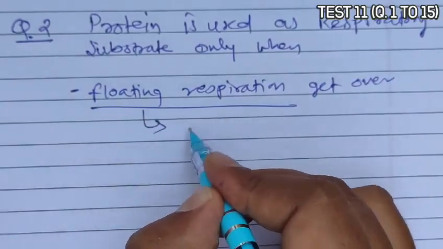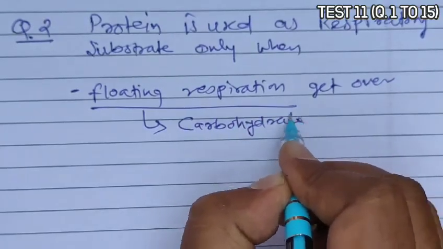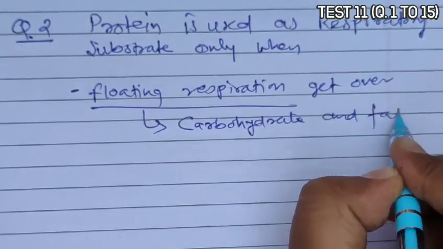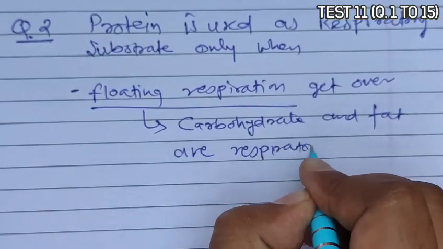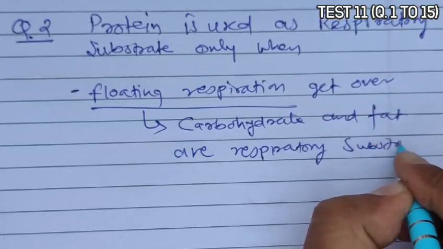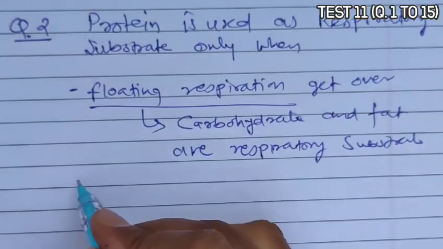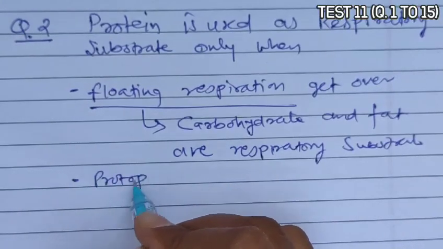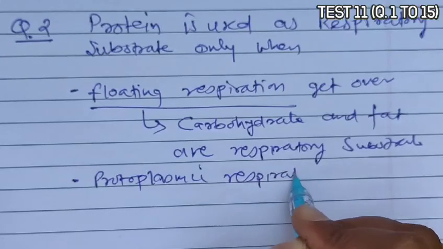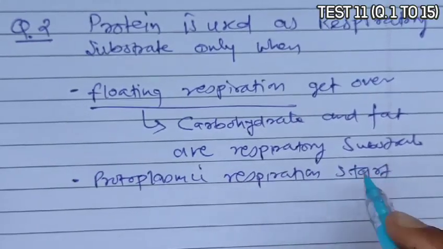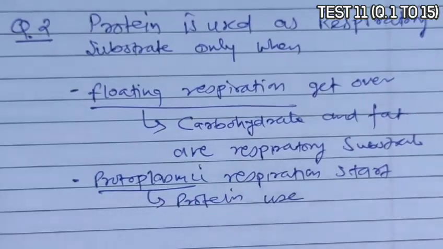Floating respiration is a respiration in which carbohydrate and fat are the respiratory substrate. So when floating respiration gets over, protoplasmic respiration starts and protein use occurs.